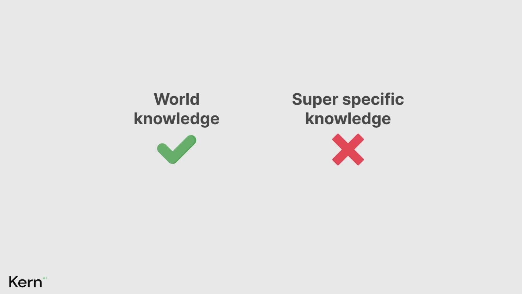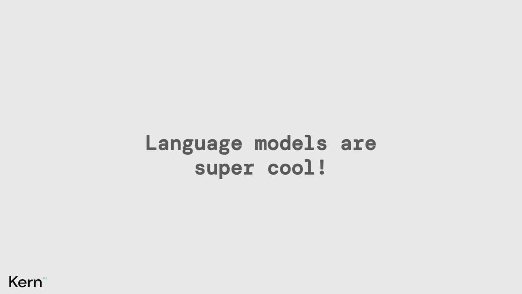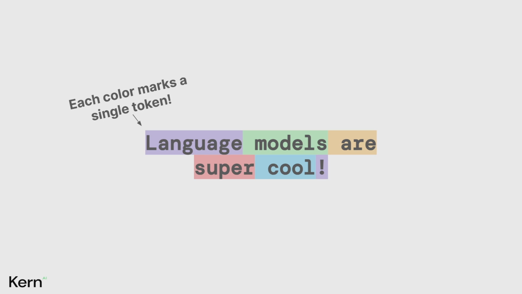It is also important to understand how these models are able to read language in the first place. In order for a language model to be able to process a text at all, it is converted into so-called tokens. Tokens are ultimately individual building blocks that make up a word or a sentence. These tokens are always the same, and each token always has a constant numerical value that represents this token.